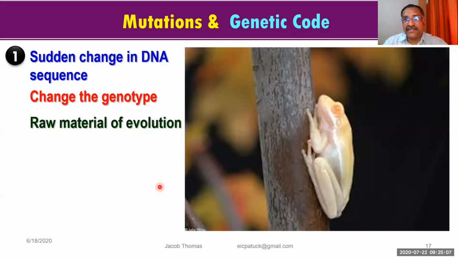If it is restricted to only one generation, then it is not a mutation. So because of mutation, what can occur? Evolution can happen. Normally you know the color of the frog or the color of the toad. But you see this color change occur, that may result in evolution.